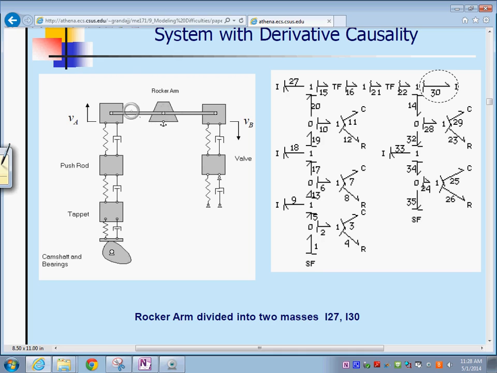Or we can do it with these two, but in this case, there will be a derivative form on the right-hand side. That's the element over here, like this one. So the conclusion is, if you see a system with derivative form, you should question, is there an equivalent system without derivative form?